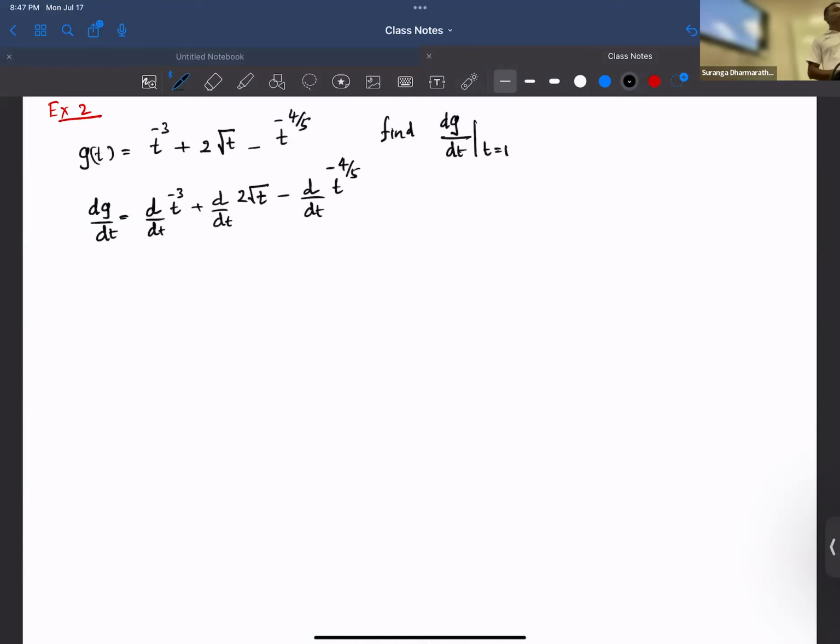That's the sum rule. And then we're going to use this great tool. As I said, you can do any polynomial. The derivative of x to the power n is n times x to the power n minus 1. Never ever forget this. If you're doing engineering, you're going to be using this over and over again.